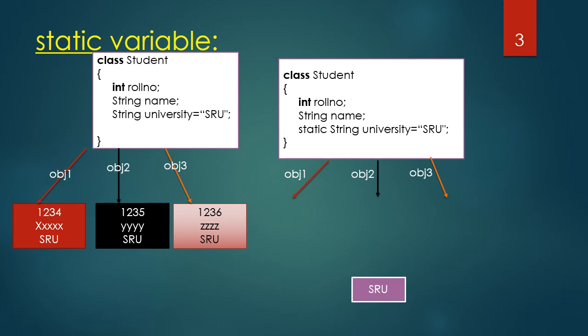Irrespective of the objects, memory is allocated only once for the university variable, whose value is SRU.